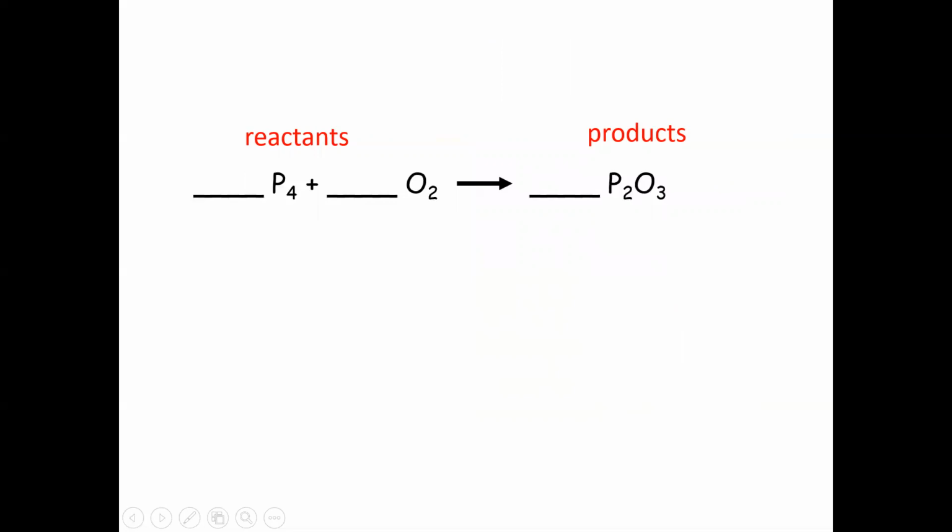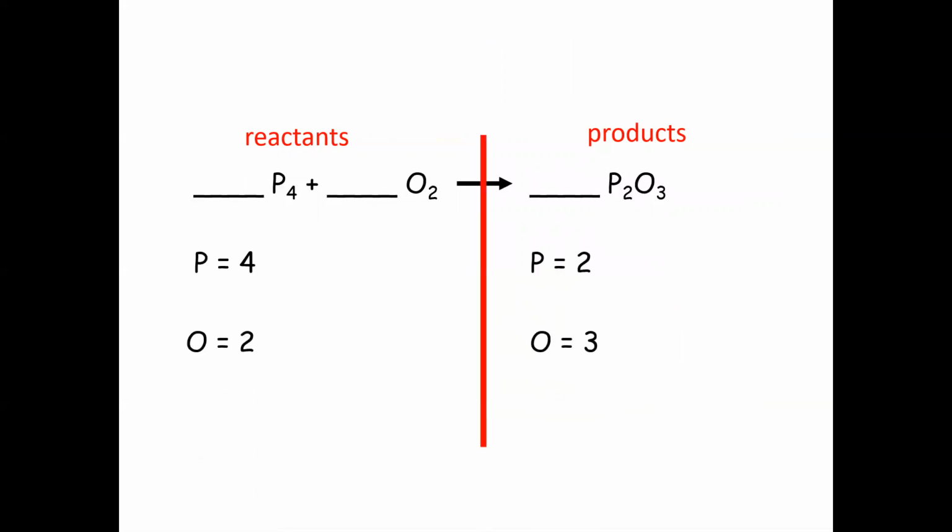If we look at the second one here, again, you would separate your reactants from your products. You would complete your tally. You would put coefficient 2 in front, and you would see that you now have 4 phosphorus, because 2 times 2 is 4. But you can now see that you've got 2 times 3, which is 6 oxygens.